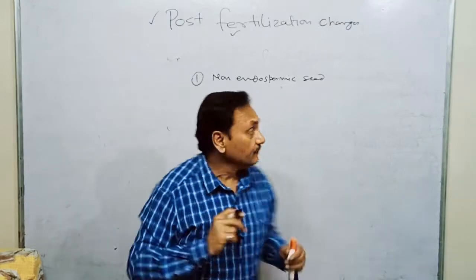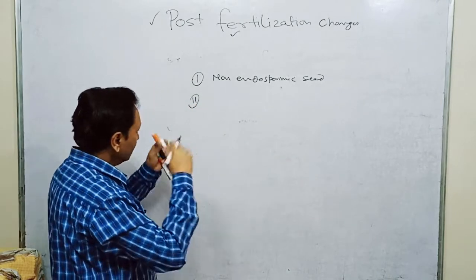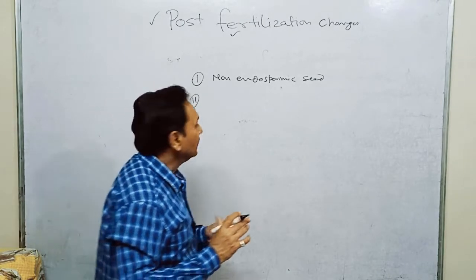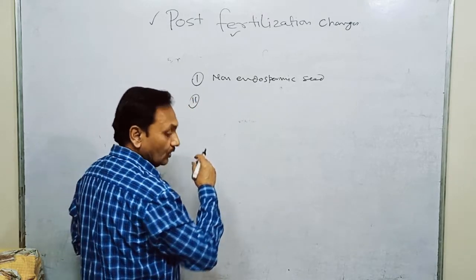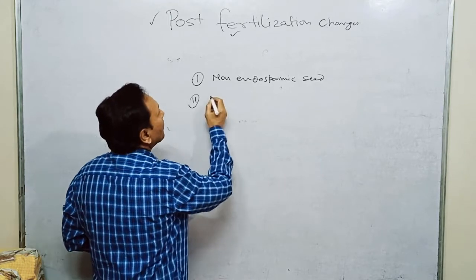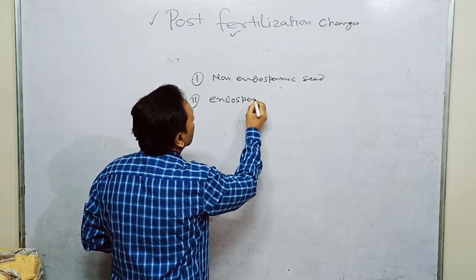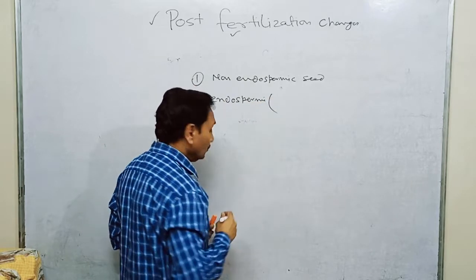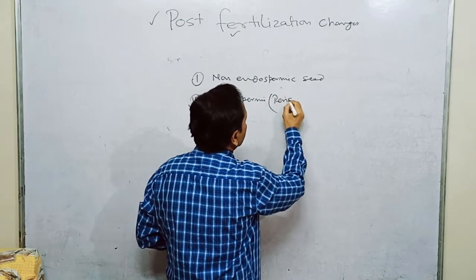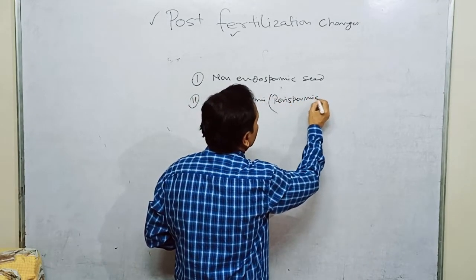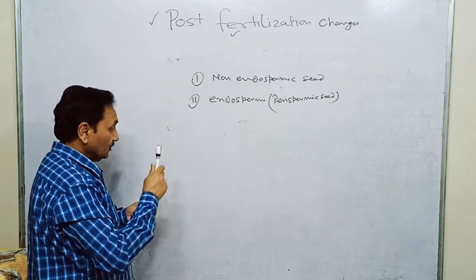But if the endosperm remains after full development of the embryo, then it is called a perispermic seed, also called a peri-endospermic seed. This is the fate of that particular 3N condition.